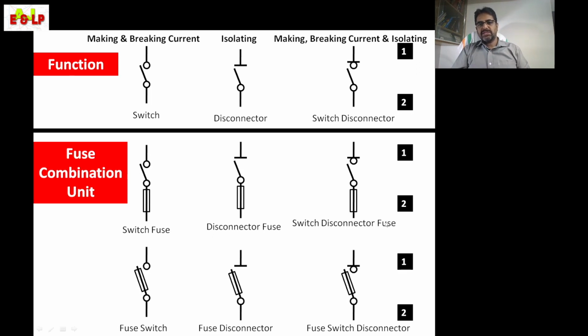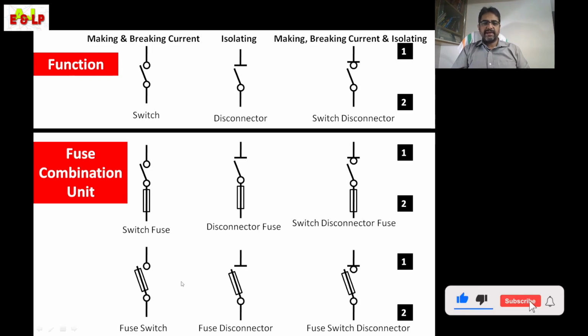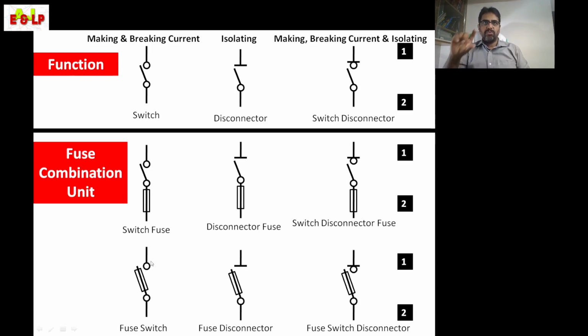Then switch disconnector fuse: first the switch disconnector comes, then the fuse. In these three categories, the fuse is placed after the switch or isolator, so the current flowing will be completed first in the fuse.